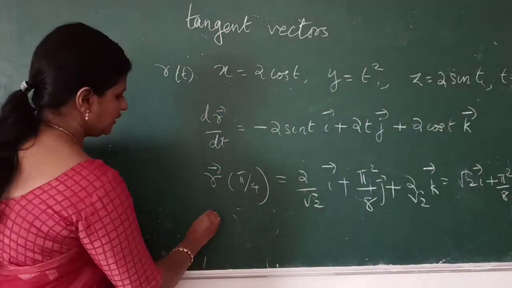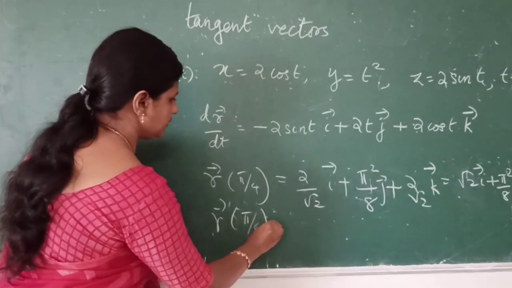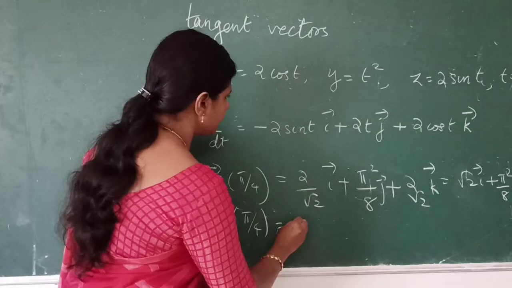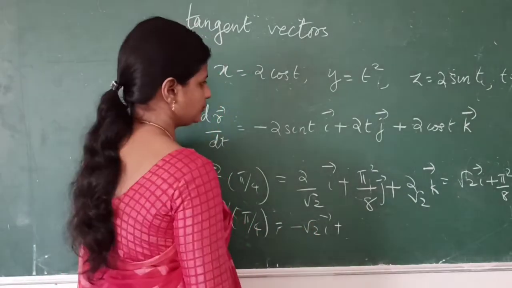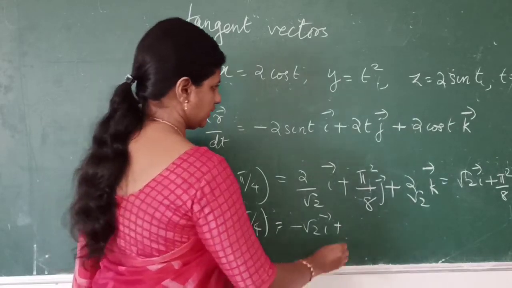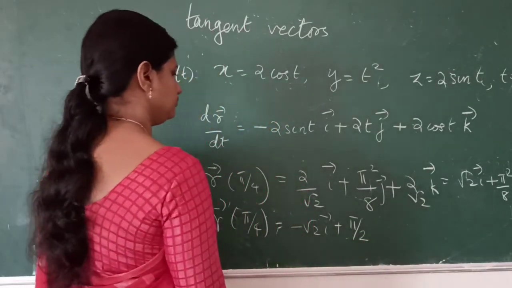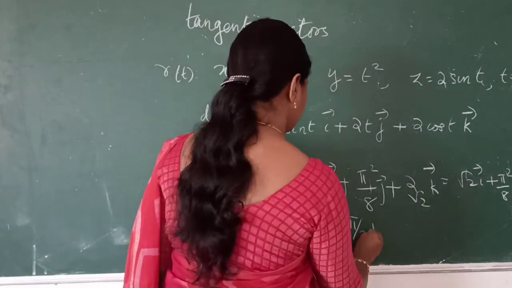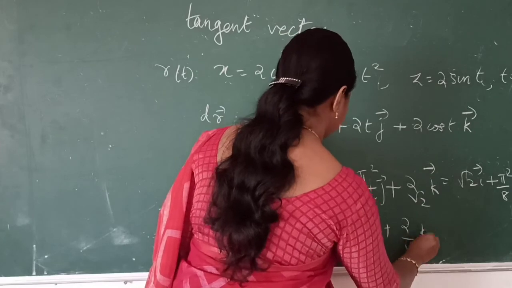Now r bar dash at t is equal to pi by 4 is equal to minus 2 by root 2, that is minus root 2 i, plus 2 times pi by 4, that means pi by 2 j, plus 2 by root 2 k.